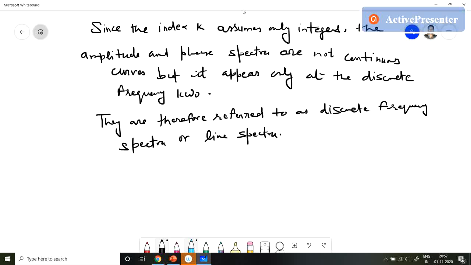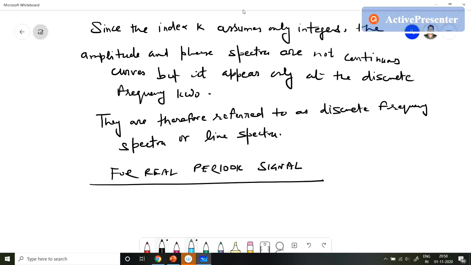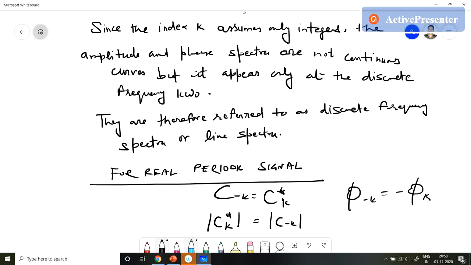For a real periodic signal, we know that c minus k is equal to ck conjugate. Taking the modulus on both sides, modulus of c minus k equals modulus of ck, and phi minus k is equal to minus phi k.